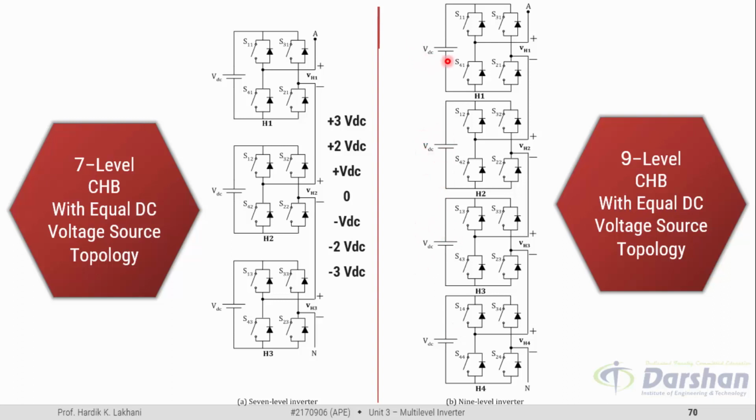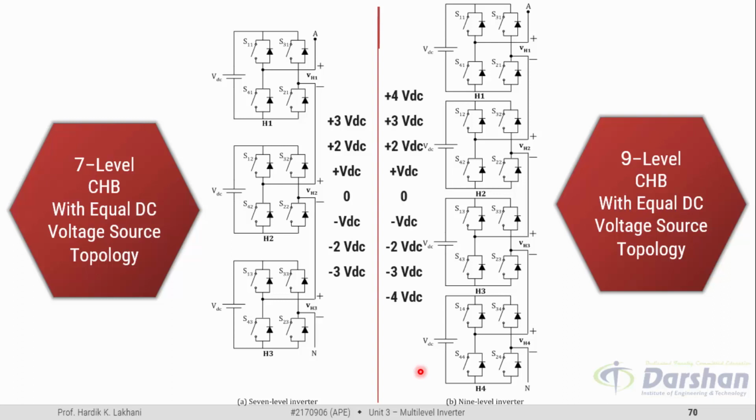So you can see that while moving from 5 to 7 level and from 7 level to 9 level, the number of components as well as the number of DC supplies has increased. So in short, to take the benefit of reduction in total harmonic distortion, we have to compromise with the complexity of this construction.